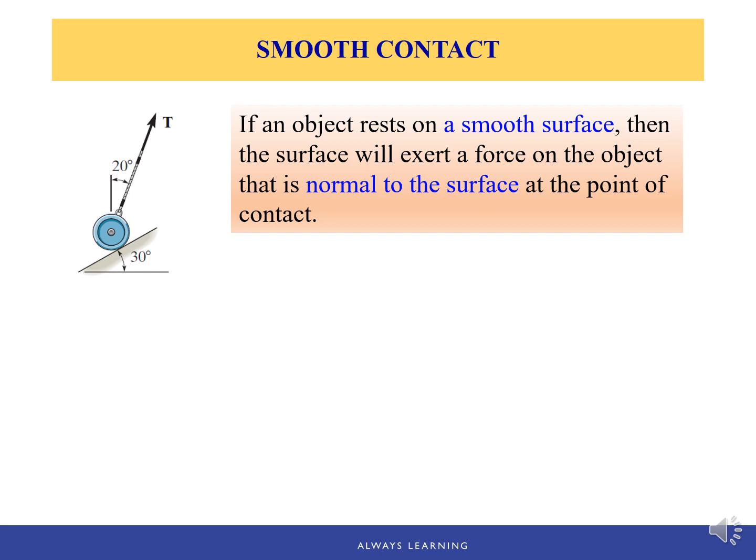One thing to keep in mind is that this kind of contact is a point contact, meaning the surface is tangential to the cylinder, so the contact is just one single point.